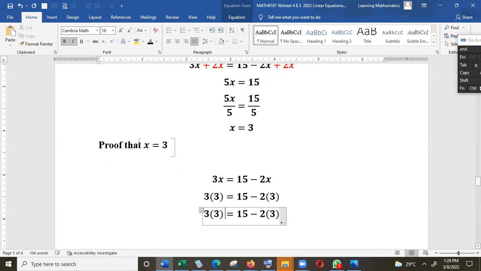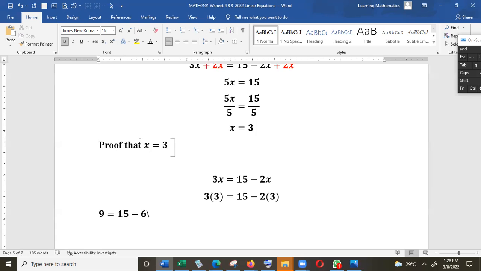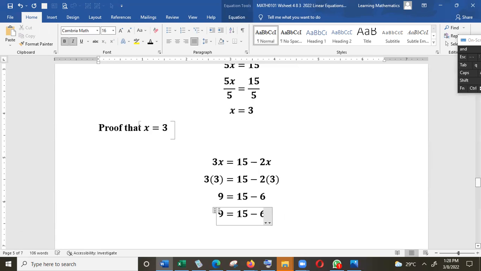All right. And 15 minus 6, because 2 3s are 6, negative 6. 15 minus 6 will give us 9. So that's proof that our answer actually is x is equal to 3.